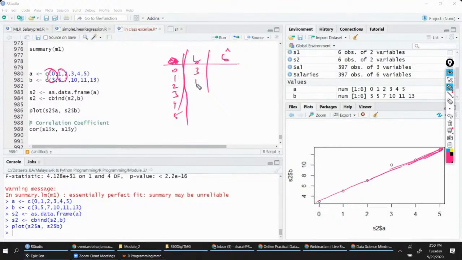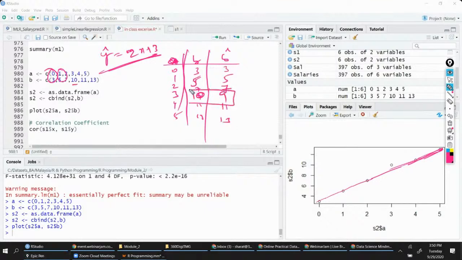And here I have 3, 5, 7, 9, 11, 13. So when I use that same equation, y equals 2x plus 3, that is B equals 2A plus 3, you get these same values. This was 10 actually, my data set is 10. But here you get 9.